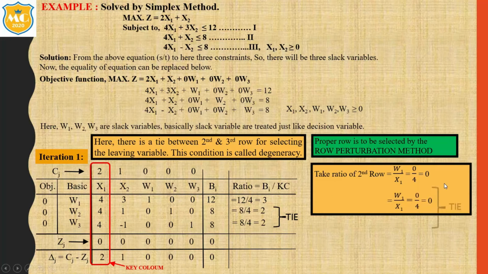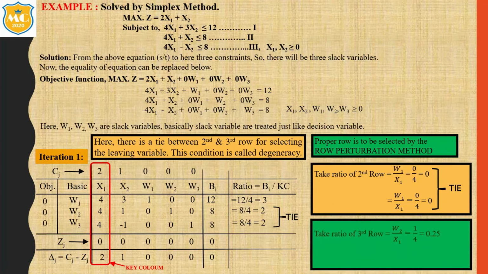So here again it's a tie. Now go for the next value. So here 1 divided by 4, so here we get 0.25. Next 0 divided by 4, so here we get 0. So here we have to find out the minimum number. So here the minimum number is 0.